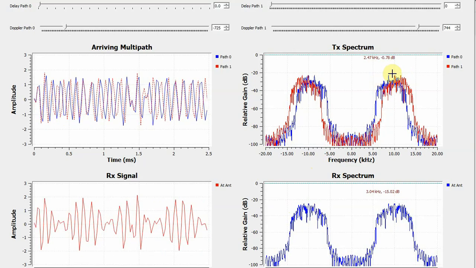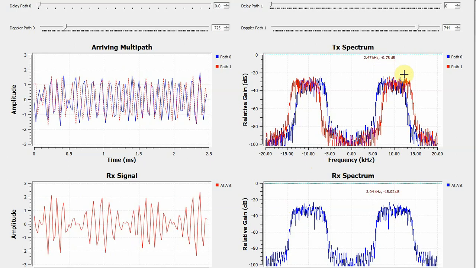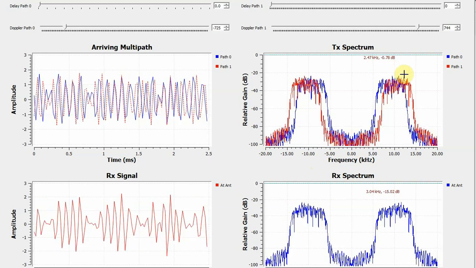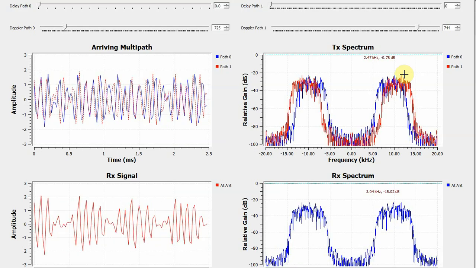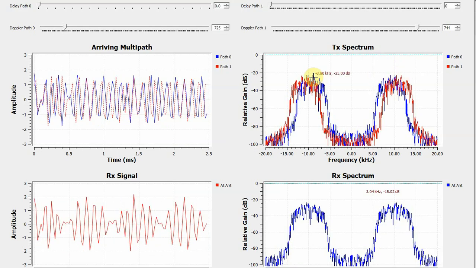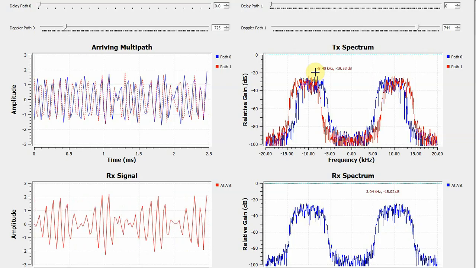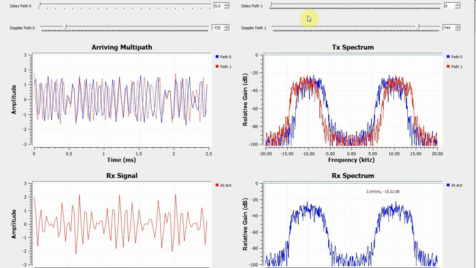And after their separation becomes of the order of some function of the symbol time, we were saying that frequency selective fading was occurring as compared to frequency flat fading. In this case, we say it's slow fading as compared to fast fading. Play around with these values and you discover many new concepts.